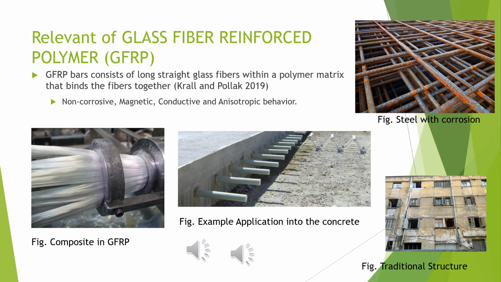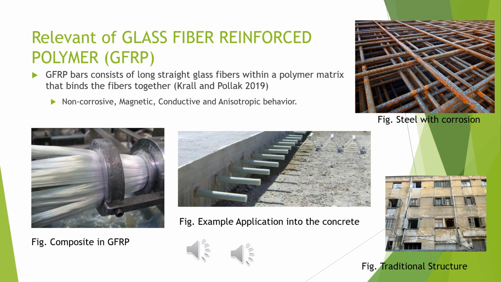Glass fiber reinforced polymer, also GFRP, consists of long-strand glass fibers with a polymer matrix that brings the fibers together, according to the research of Carnot and Poland 2019. The principal advantages of these fibers are that they are non-corrosive in structures, non-magnetic, non-conductive, and have anisotropic behavior.